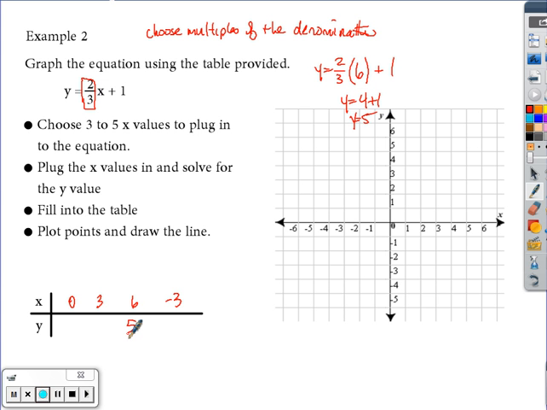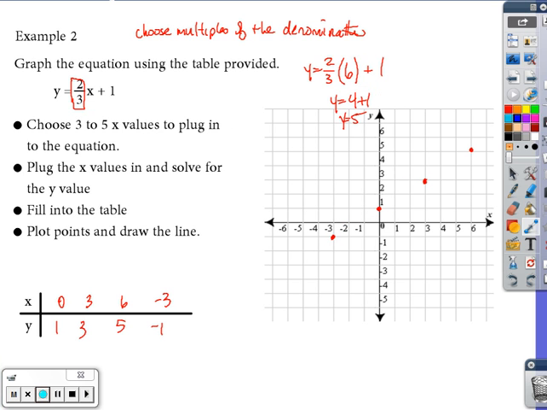And I go ahead and repeat the process until my table is completed. Once I have my table completed, I go ahead and plot the points that I can plot, and I'll be able to draw my graph. Again, I reiterate the point that we're going to extend that graph the whole way across the coordinate plane.